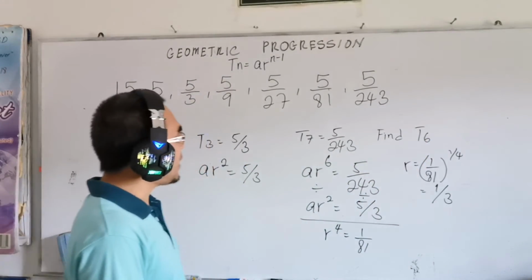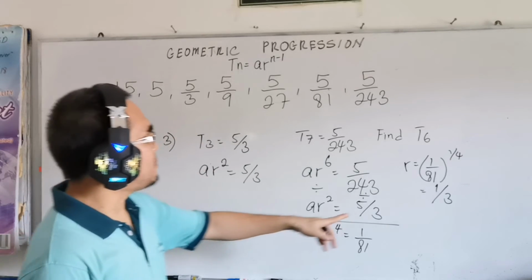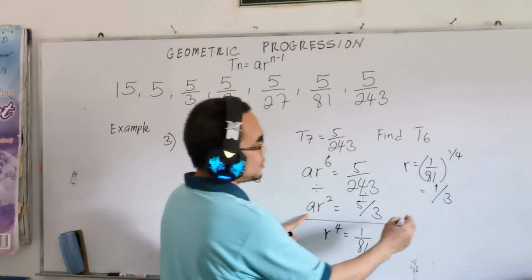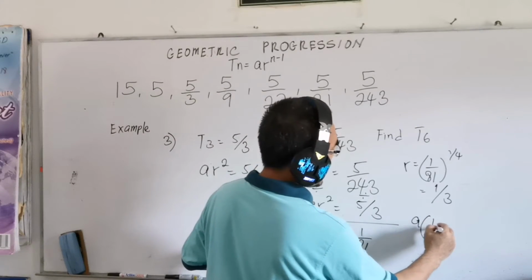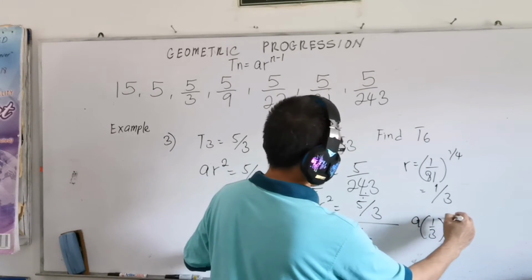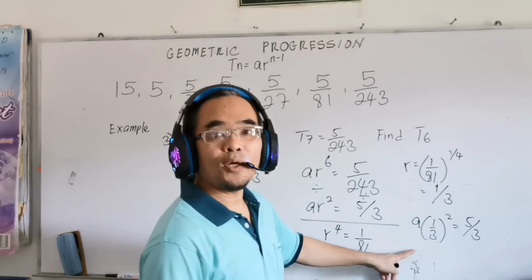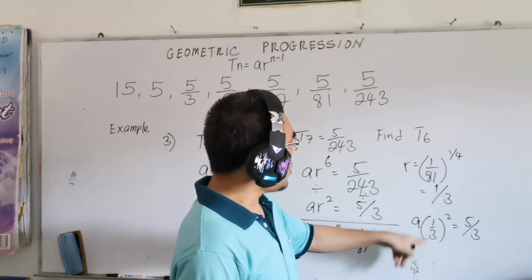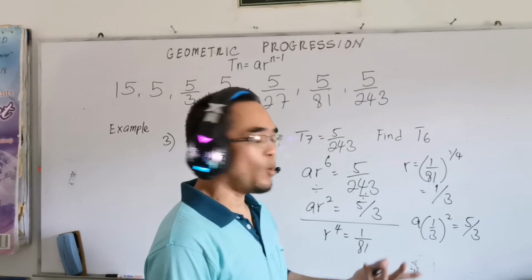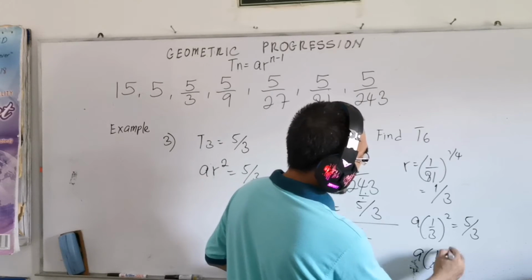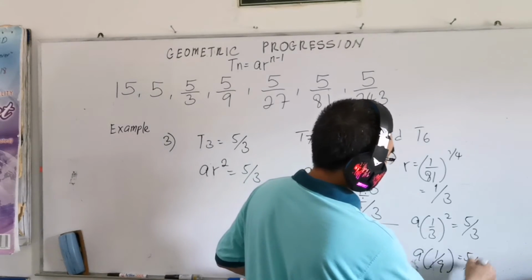We do not know A yet, so I will substitute R as 1 over 3 here. So A times 1 over 3 to the power of 2 equals 5 over 3. So 1 over 3 squared will be 1 over 9. So A times 1 over 9 equals 5 over 3.